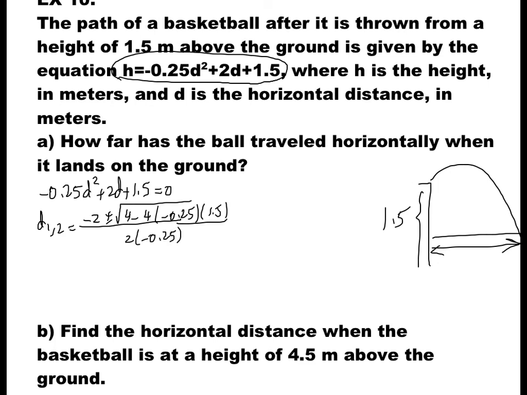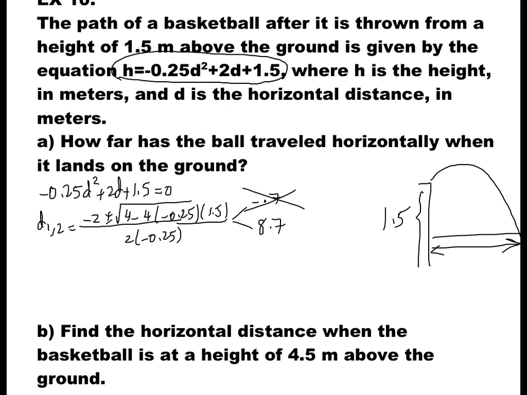If you simplify this, I leave it to you, you're going to get approximately negative 0.7 and 8.7. You know the distance can't be negative, so that answer is incorrect. So the answer is 8.7 meters that it travels.